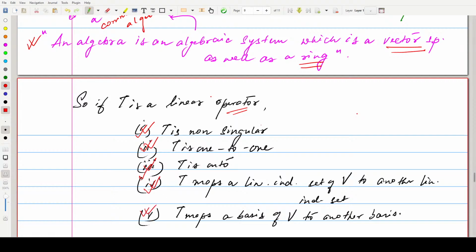Okay. So first things first, can we visualize why T is non-singular? Because we are defining a map from that vector space to the vector space itself. If it's going to be singular, we're going to have something that collapses onto a subset of that vector space, or rather, the dimensionality is going to be reduced.